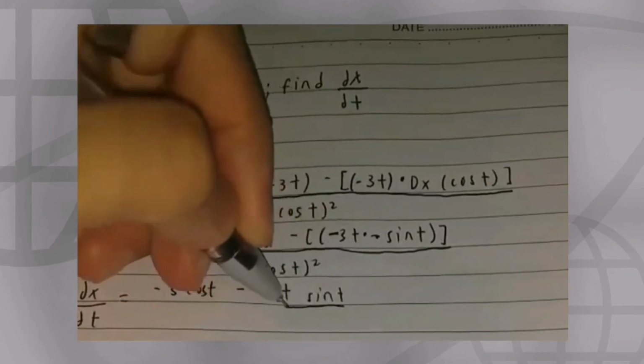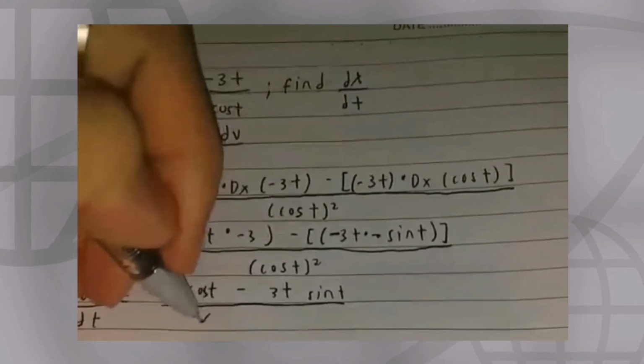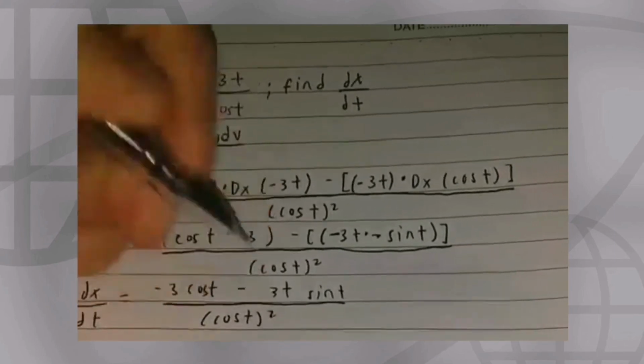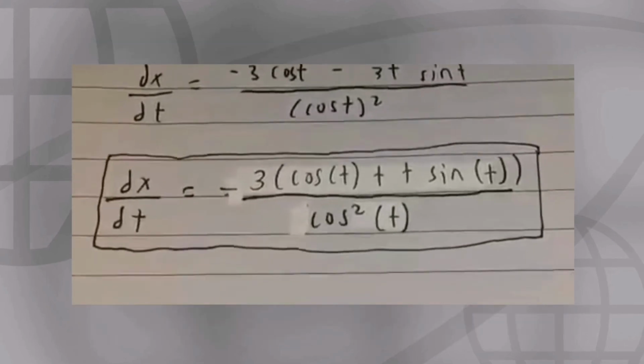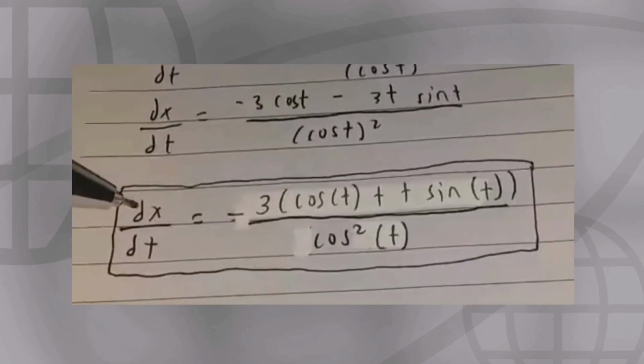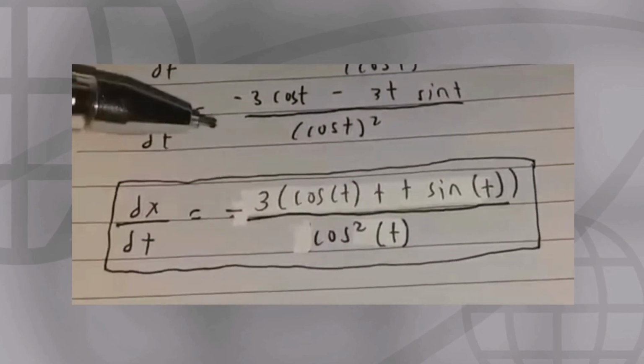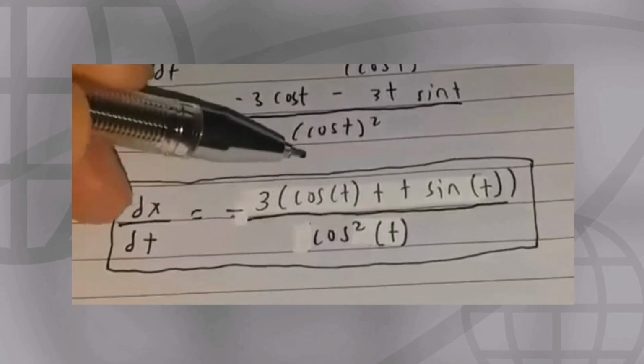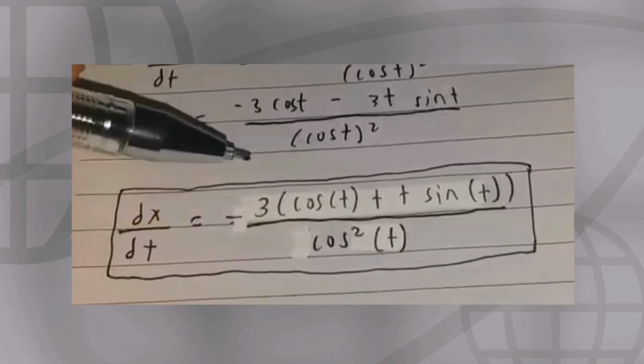So 3t sin t over cos t squared. To get the final answer, we will simplify this. So the final answer will be dx over dt is equal to negative 3 times cos t plus t sin t over cos squared t.